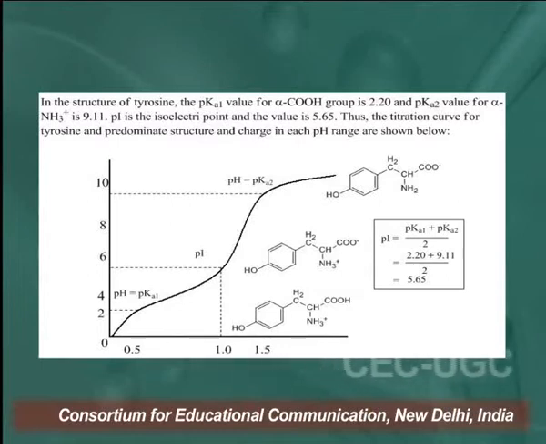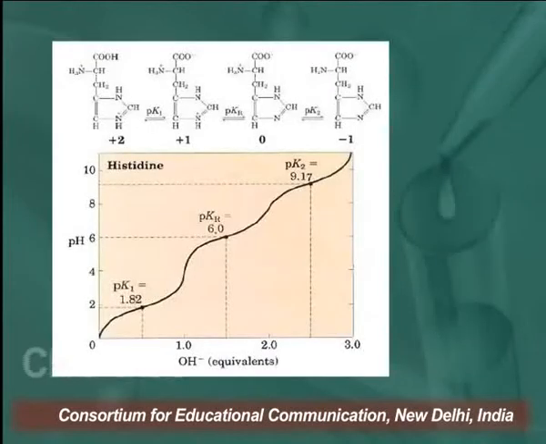You have to understand and always remember how to calculate the isoelectric point of an amino acid if it has ionizable or non-ionizable side chains. Again, you can see here the histidine titration graph, and from it you can easily understand the pKa values, OH equivalent versus pH.